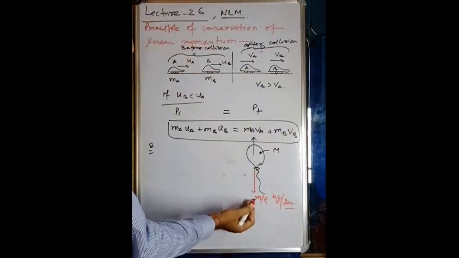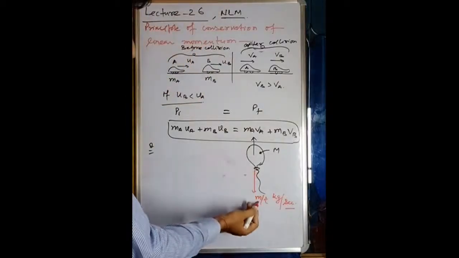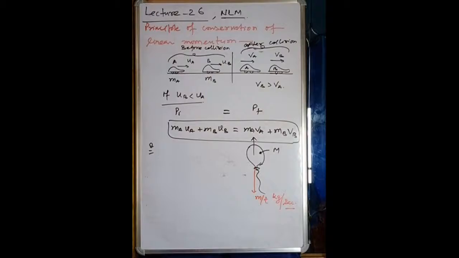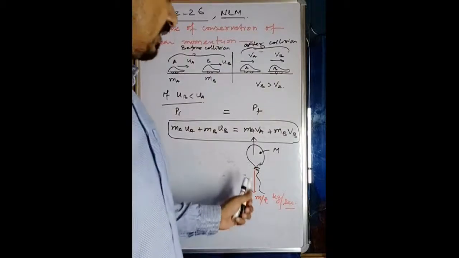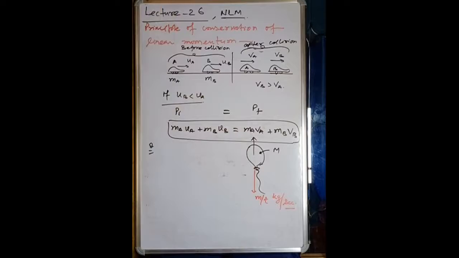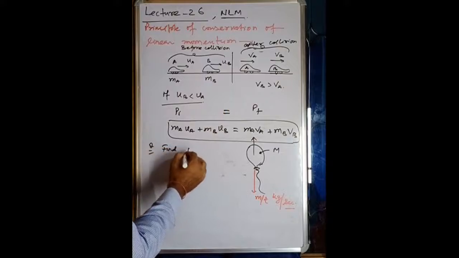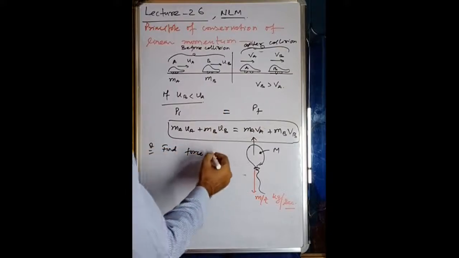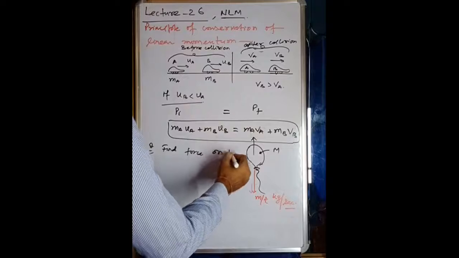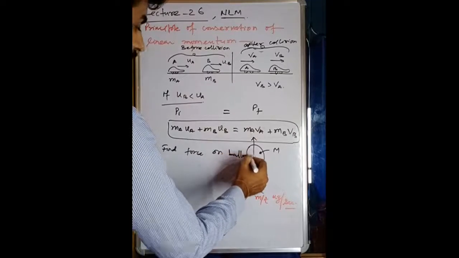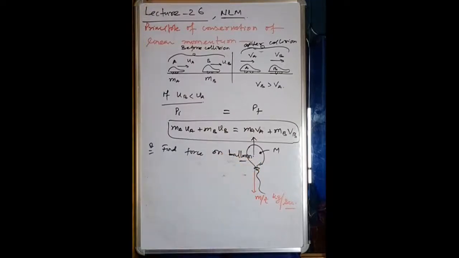This much mass leaks out from the balloon every t seconds. Then you have to find the force, the upthrust, that the balloon gets. Find the force on the balloon. This is our question. Now, how will we solve it?